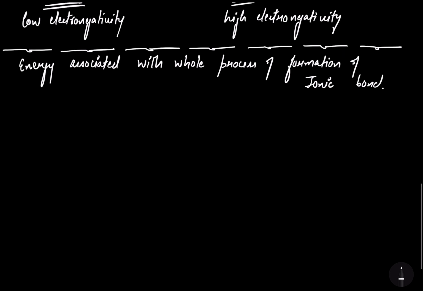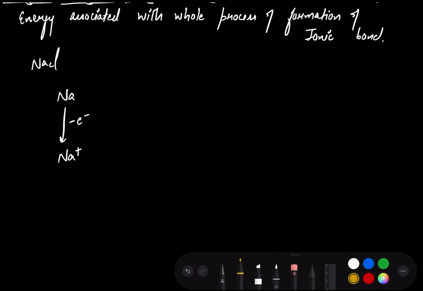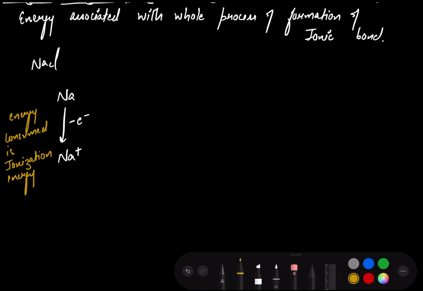First of all, let's take an example of NaCl. As we all know, sodium will lose one electron and will form the Na positive ion. Here I am writing the energy consumed is ionization energy.